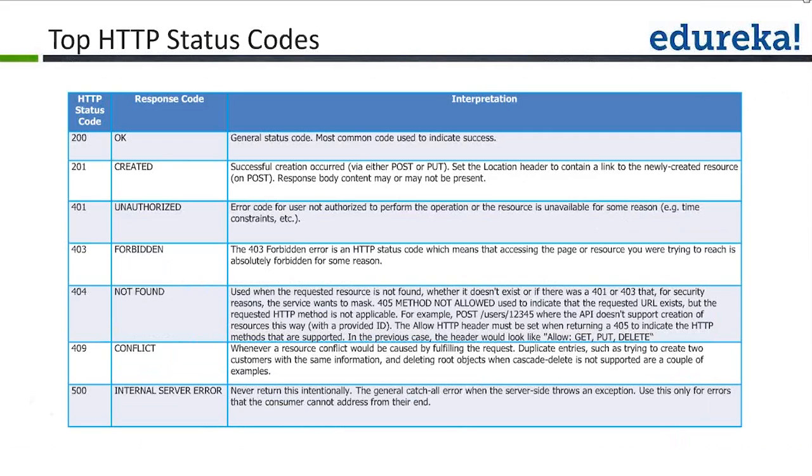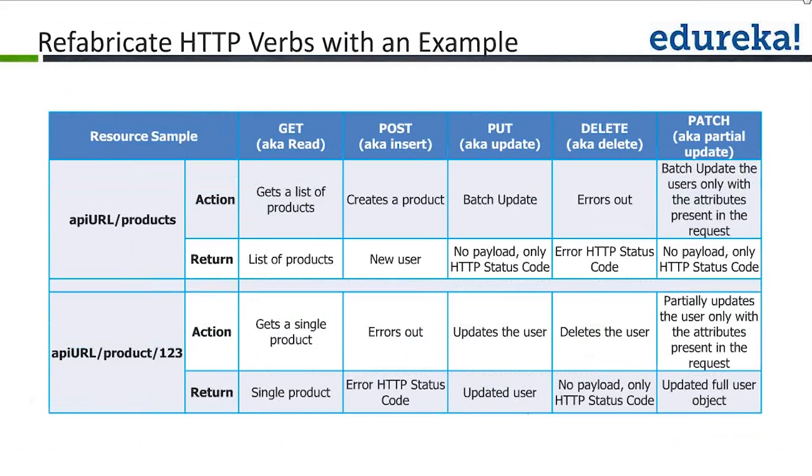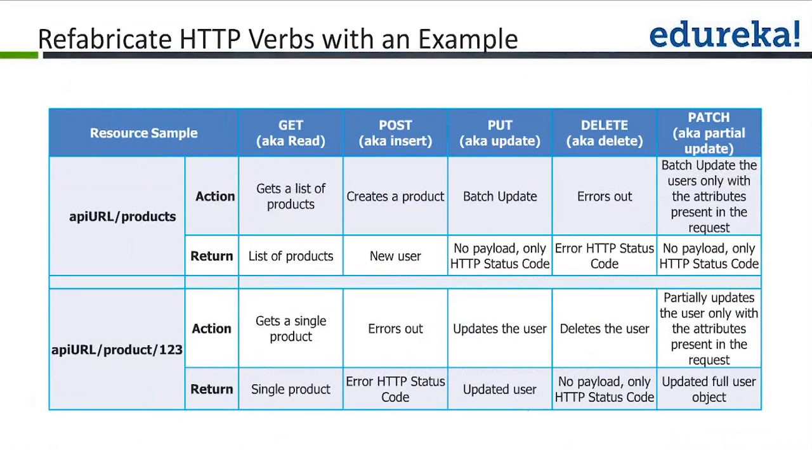Okay, so let me move ahead. This is a basic overview of what all things would be covered. This is again an example related to the HTTP verbs, of how you actually do it, and I guess we have already covered most of it.